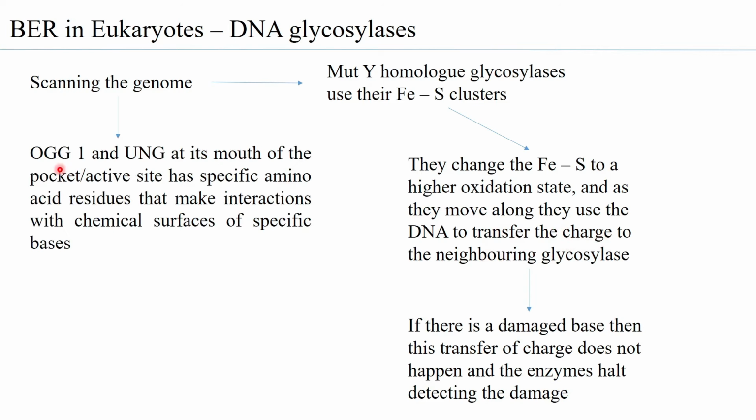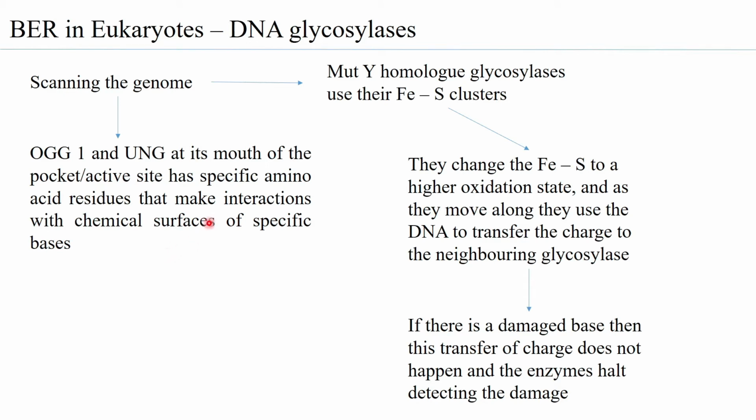Another example is OGG1, that is oxoguanine glycosylase 1, and UNG, that is uracil DNA glycosylase. Both these enzymes have a pocket with an active site, and at the mouth of the pocket are certain specific amino acid residues, and these residues are able to interact with the chemical surfaces of the specific modified bases.